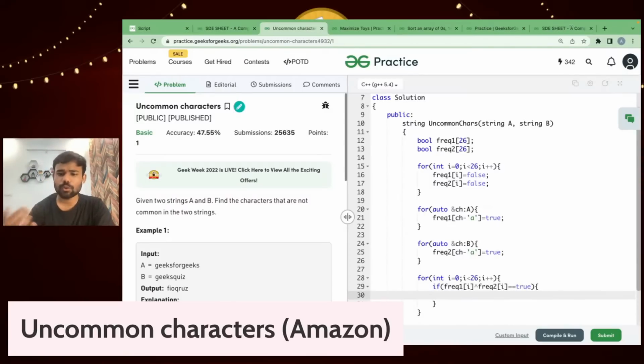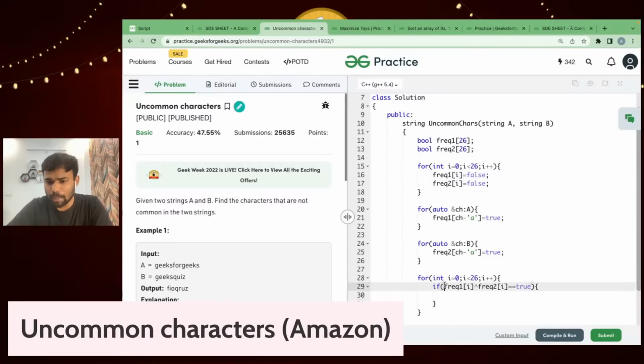If the and of this frequency is true, that means... because that is address based, that is the iterator actually. That is the iterator, that's ch.